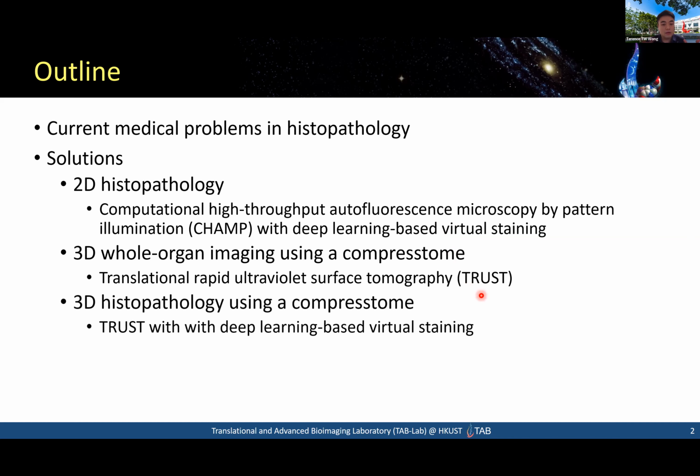Bringing together this TRUST system, we will naturally later on also incorporate the deep learning based virtual staining, bringing us to 3D histopathology at the very end. So everything is connected, starting from 2D, 3D with the Compresstome, finally reaching 3D histopathology. At the end, I'll draw a summary. All right, so let's get started.